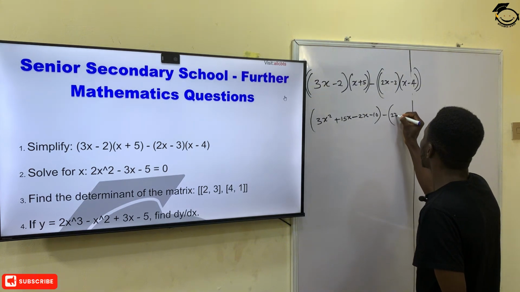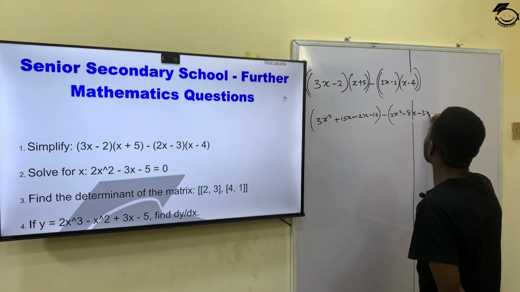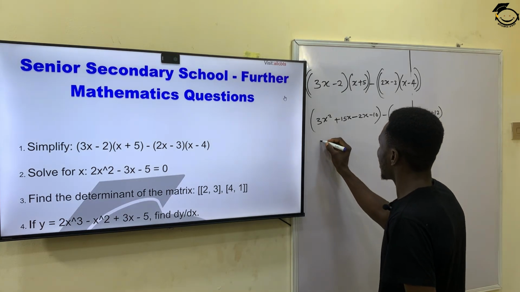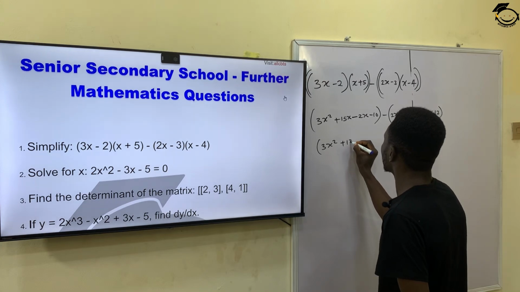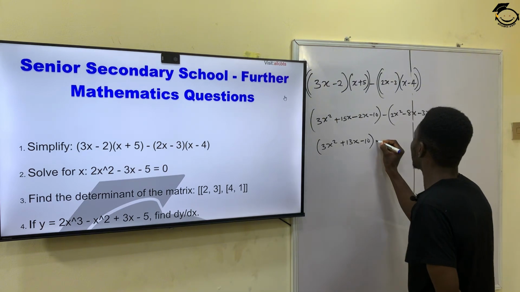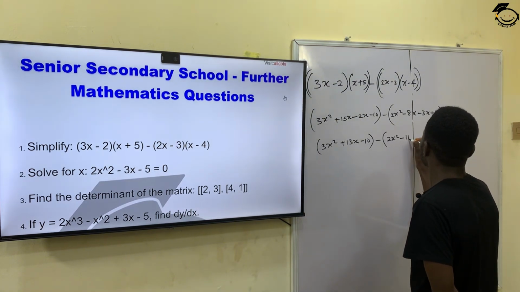So I have 2x squared minus 8x minus 3x plus 12. So I will simplify this further, and this will give me 3x squared plus 13x minus 10, minus 2x squared minus 11x plus 12.